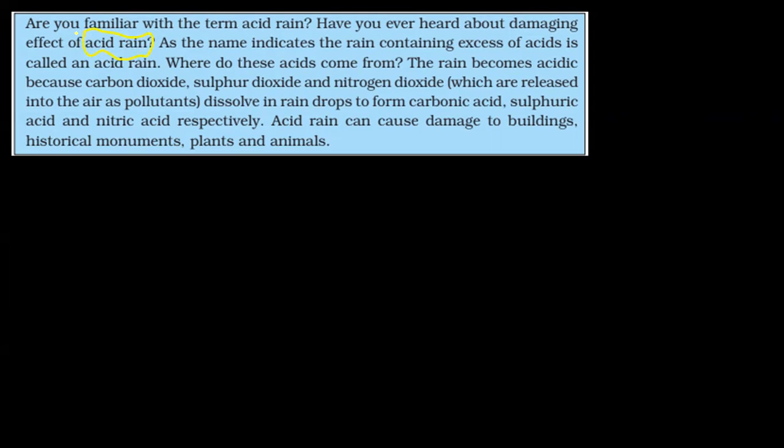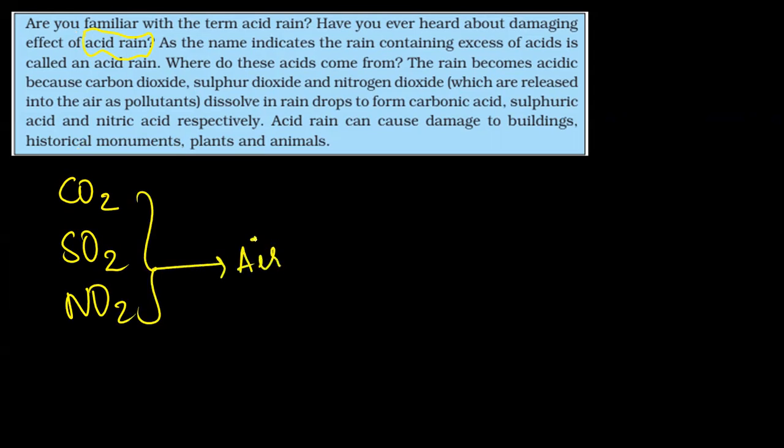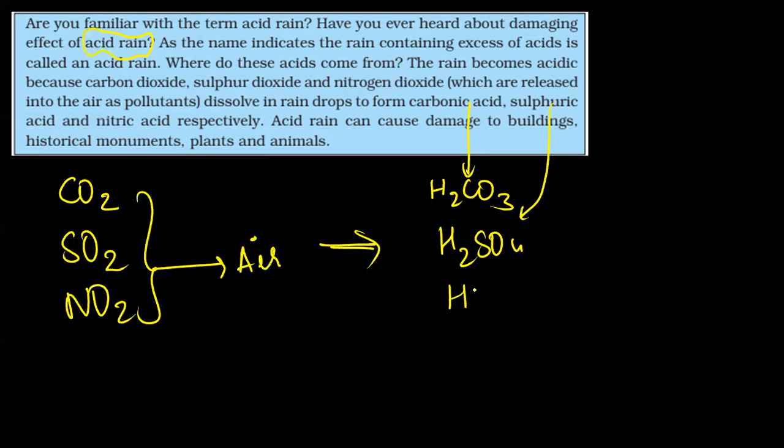When emissions from cars as pollutants, for example, carbon dioxide, sulfur dioxide, or even nitrogen dioxide are released into the air, they mix with the raindrops, the moisture present in the air, and they react to form carbonic acid, H2CO3, carbonic acid, H2SO4, sulfuric acid, HNO3, nitric acid respectively.